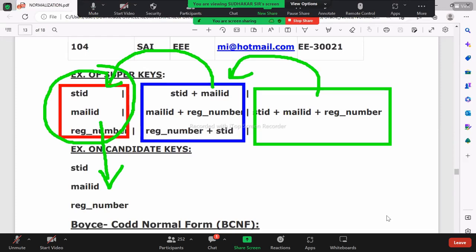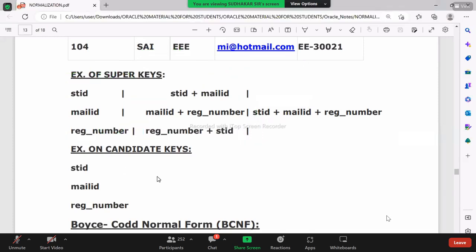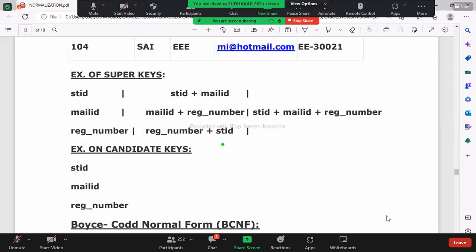So candidate key and super key, nothing different, all are the same. But the least level, the lowest super key, we can take as the candidate key. Least level always means an individual column, not a combination. One more point to observe: any two or more super keys, super key plus super key, equals a super key.